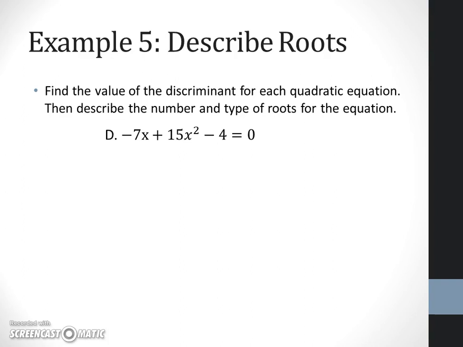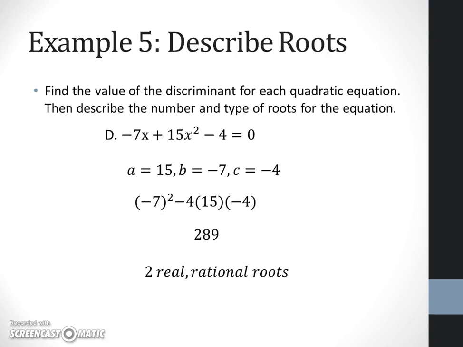We want to rewrite this so that it's in x squared form. The idea is a is 15, b is negative 7, c is negative 4. Substitute in, we get 49 plus 240, which is 289, which is a perfect square. It's 17 squared. Therefore, there are 2 rational roots.